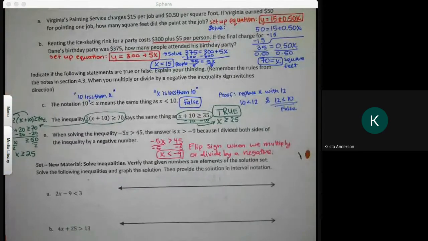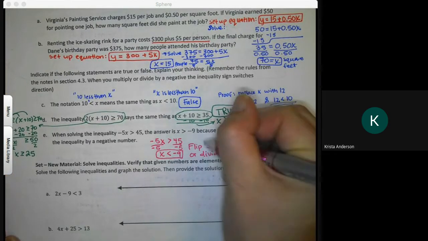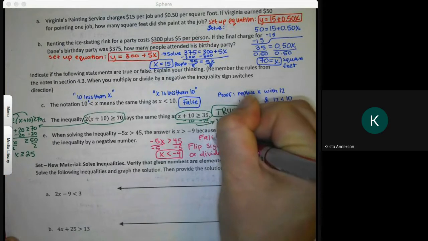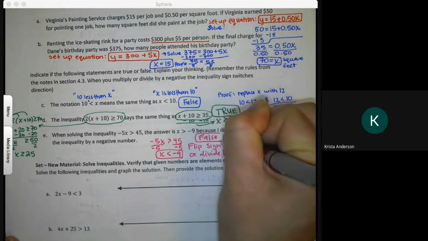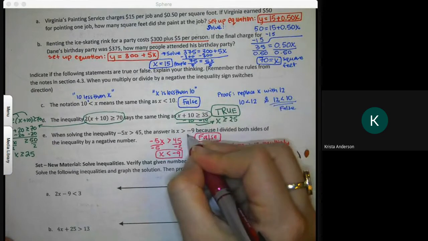We flip the sign when we multiply or divide by a negative, which means this statement, E, would be identified as false. They did not flip their sign. They need to fix that.